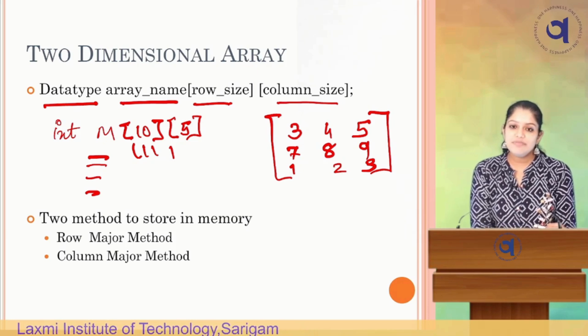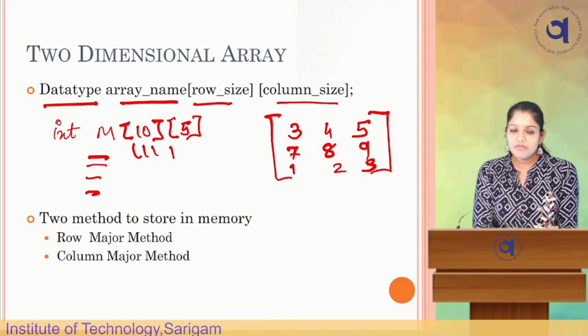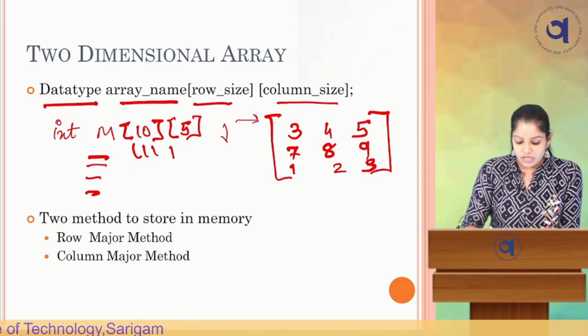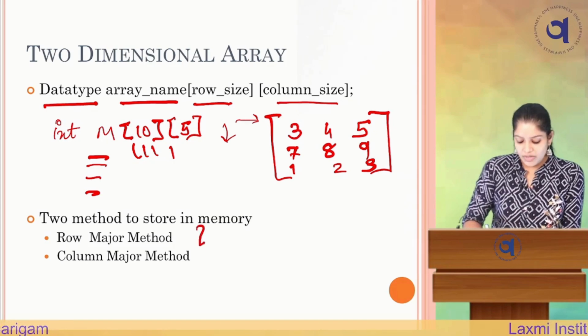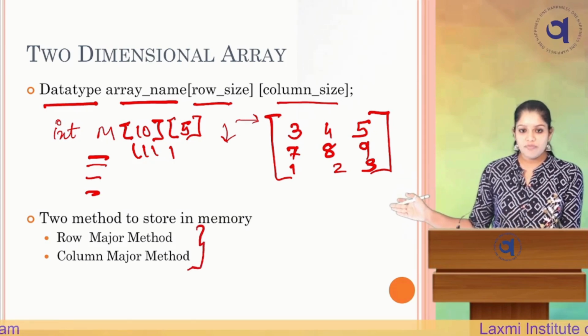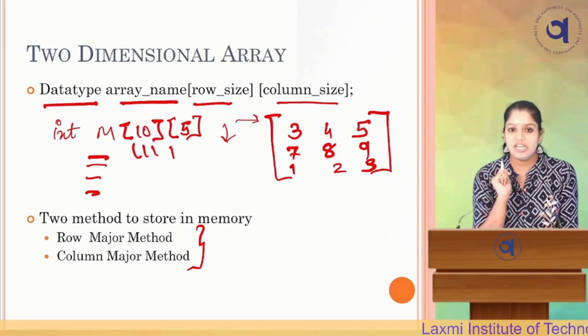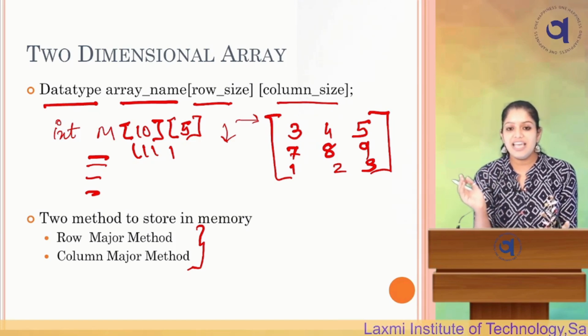Now, in this 3 by 3 matrix, if I want to store this data in the actual memory location, how can I store it? Do I need to go row wise or column wise? That is a question that might arise. There are 2 methods, the row major method and the column major method, by which you can store data in actual memory.